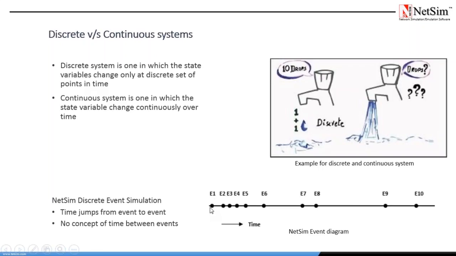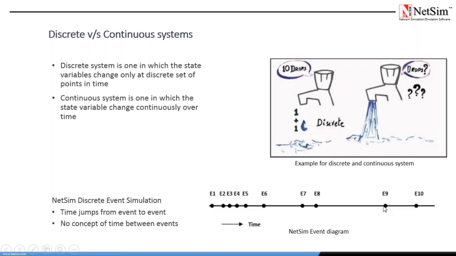In NetSim you must understand that time jumps from event to event. Whatever time is set for E1, time will then jump to T2 and then to T3, T4 and so on. There is no question of anything happening in the time between the events. So between E8 and E9, there is no concept of time.